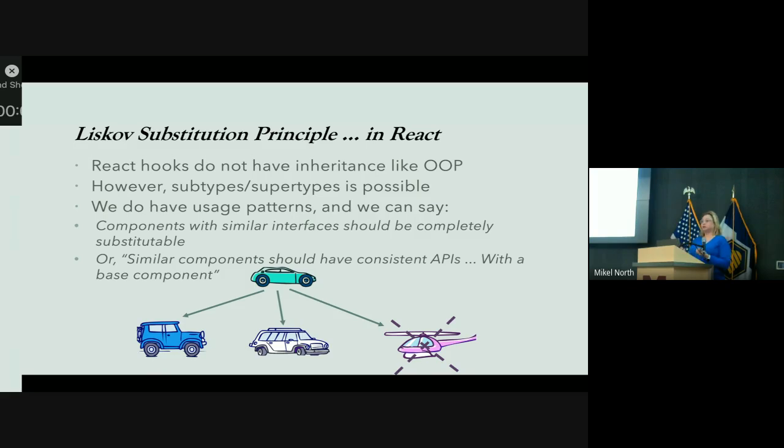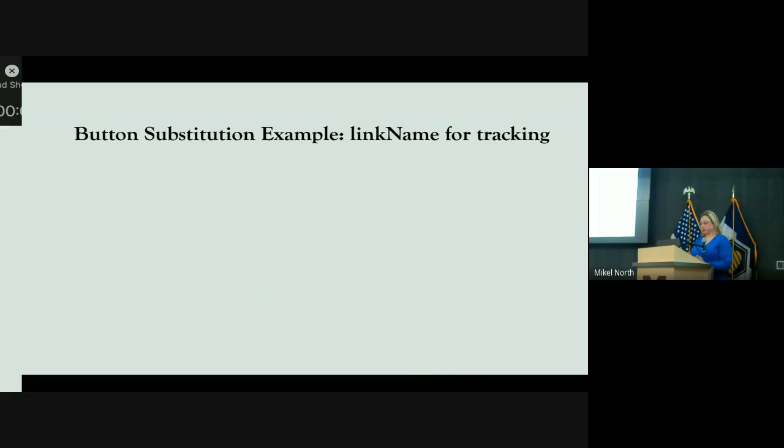You can substitute tags like that conditional I showed you earlier. Sometimes you have components with a similar interface and you want those to be substitutable. Similar components should have consistent APIs and can be consistent with their base component.